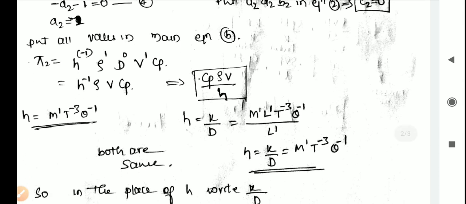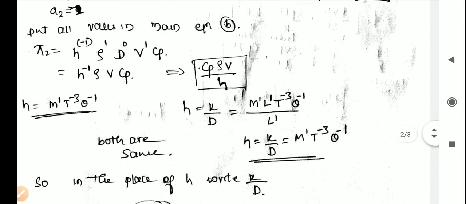So in the dimensions, the h dimension is m raised to 1, t raised to minus 3, theta raised to minus 1, right? You can also write h as k divided by d. So the k value is m raised to 1, l raised to 1, t raised to minus 3, theta raised to minus 1, divided by d, whose dimension is l raised to 1.